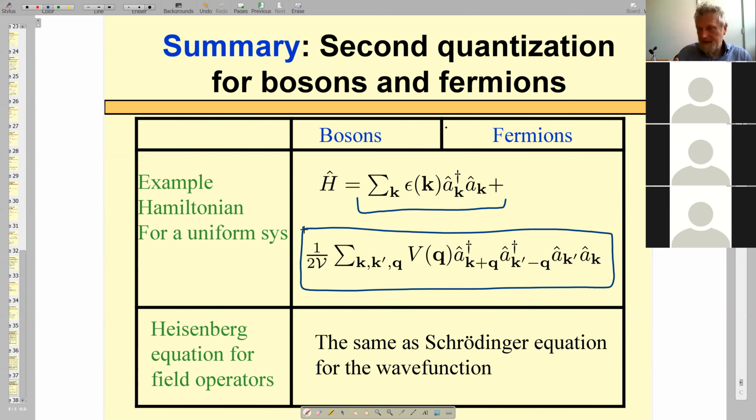And apart from indices, it is the same for bosons and fermions. Let's pay attention to the fact that without interaction, we always have pairs of creation-annihilation operators. Interaction gives rise to more complex products starting from four. Heisenberg equation. For both cases, it is the same as the Schrödinger equation for the wave function.